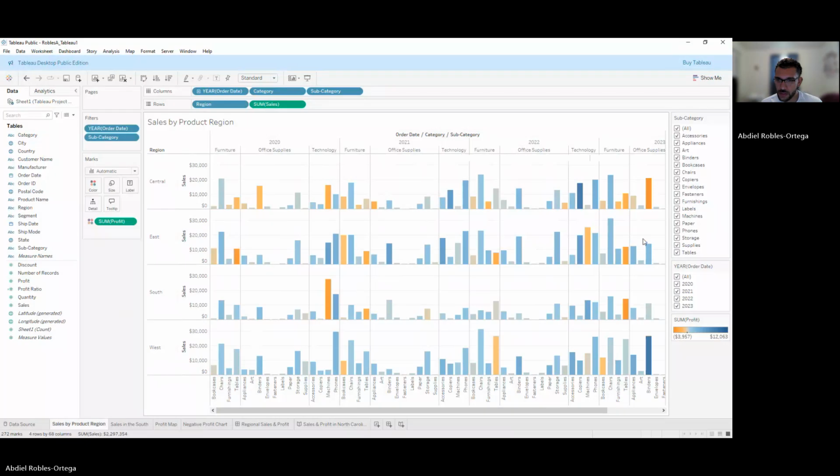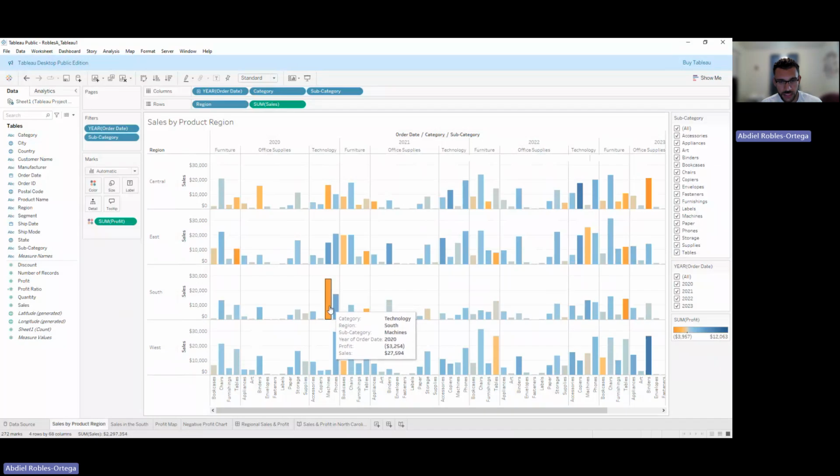Here we can see this gradient, which demonstrates which areas have seen positive and negative profits. So let's take the South, for example. If we look at technology in 2020, we can see that sales are high for machines.